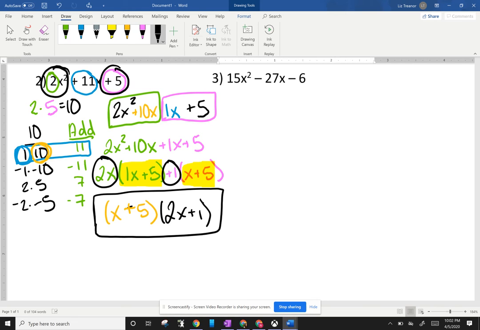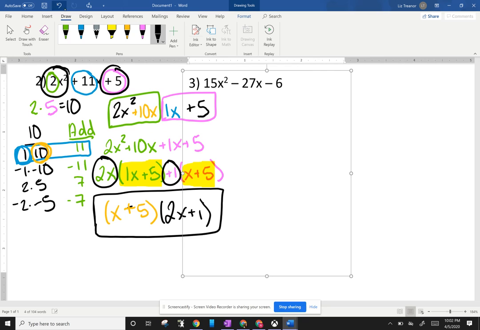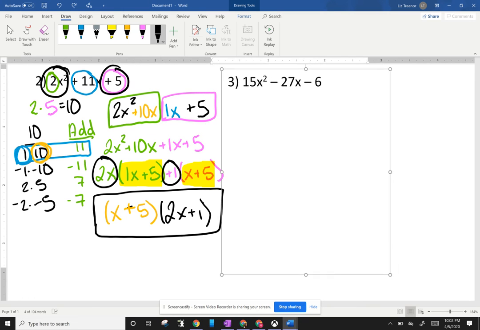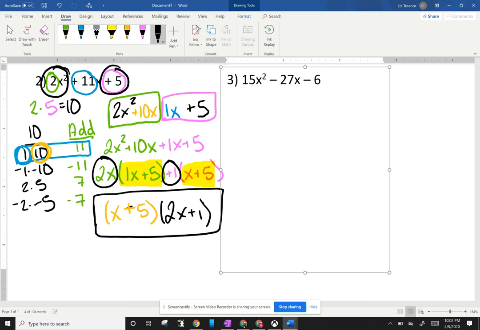All right, and last example. So in this case, this is going to be a little bit different because before we even get started on this one, I'm noticing that all three terms have a GCF. They have a greatest common factor because 3 can be multiplied to get every single one of them.